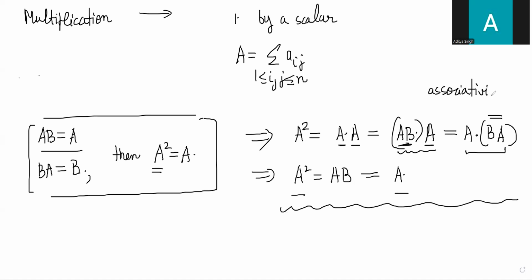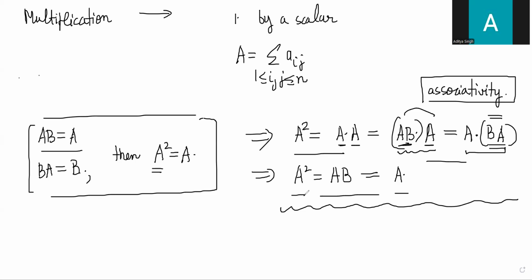But if you don't know the properties at all, then nothing can be done. That's why I'm mentioning all the properties of addition. Similarly, we'll do all the properties of associativity, distributive property, all the properties of multiplication. Because this is the type of thing where you have to use it. If you don't replace the brackets here, then it won't come.